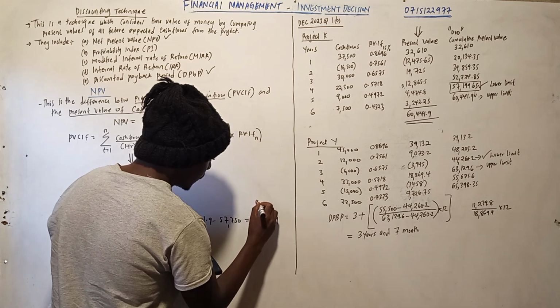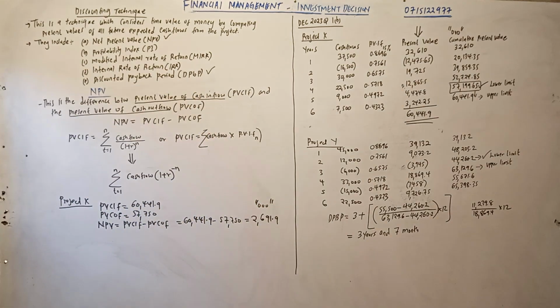Remember it is in thousands. Remember the question is in thousands. So that is the NPV for project X.